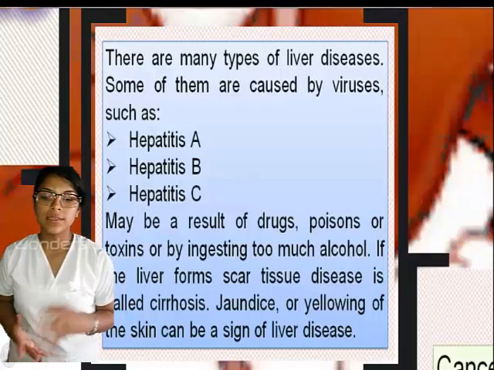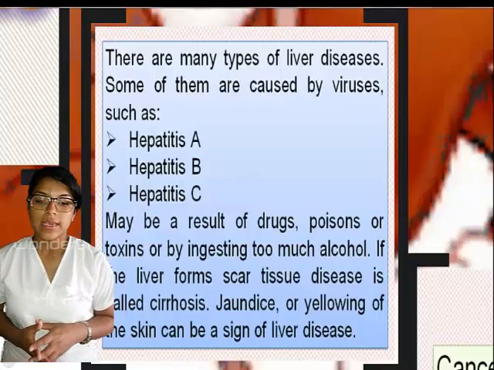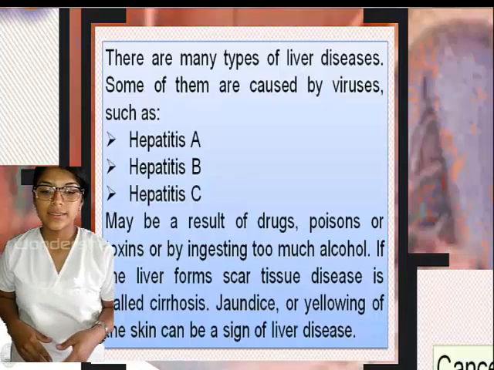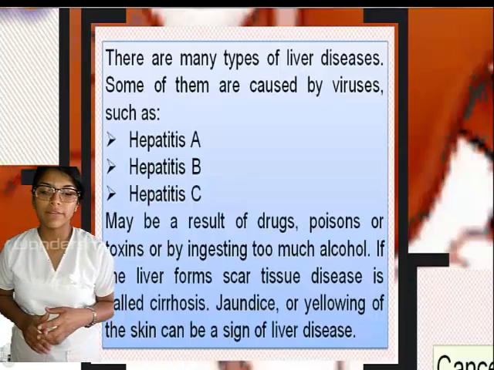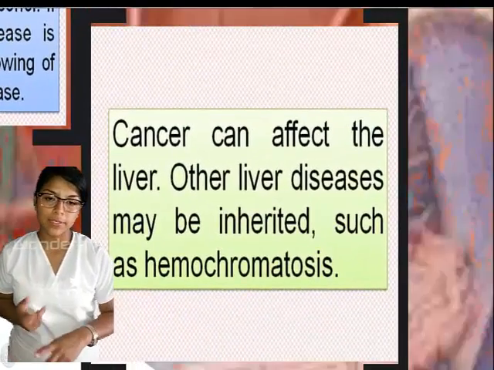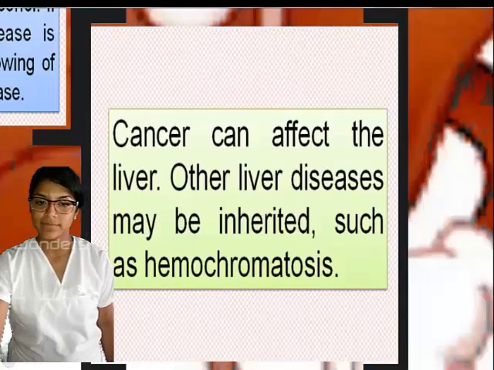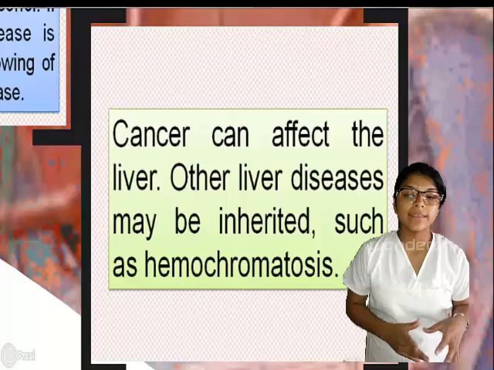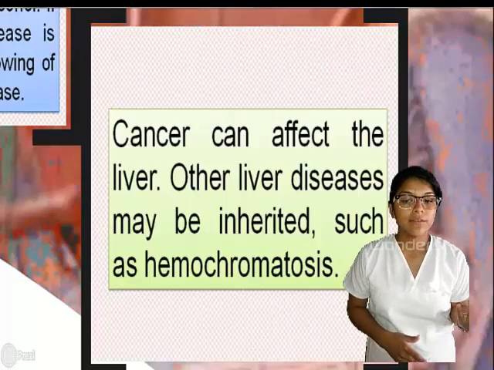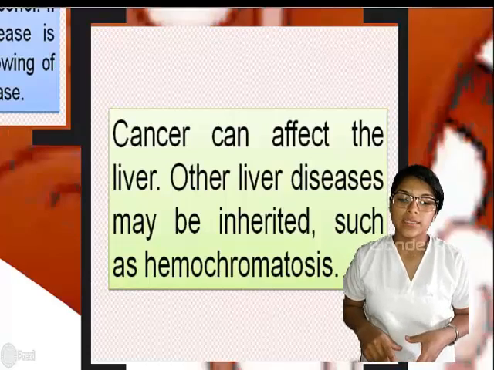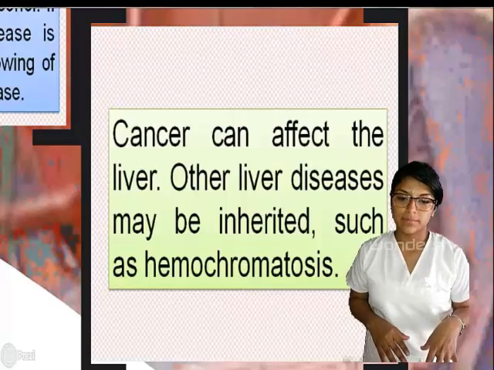If the liver forms scar tissue, the disease is called cirrhosis. Jaundice, or yellowing of the skin, can be a sign of liver disease. Cancer can affect the liver. Other liver diseases may be inherited, such as hemochromatosis.